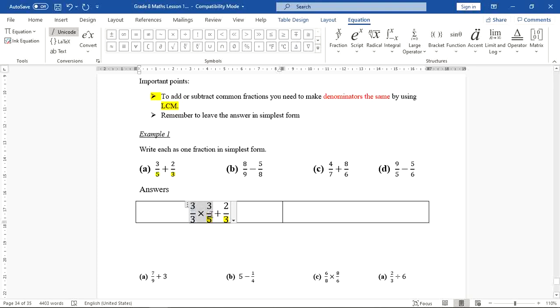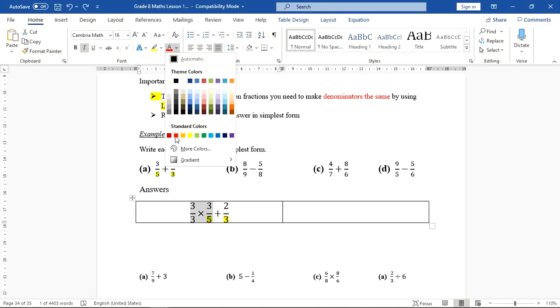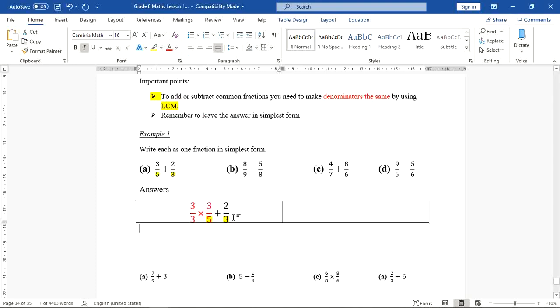Maybe what I can do is color this red. Then I'll do the same thing here.